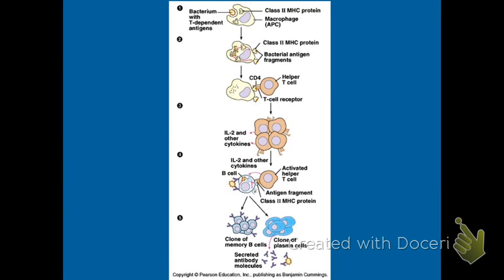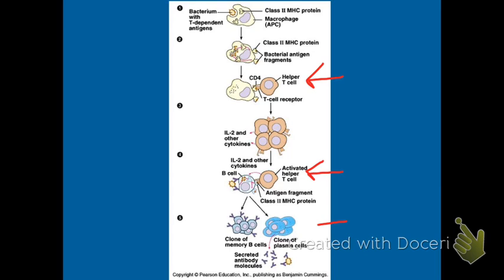This backs us all the way back up to the second line of defense, with the macrophage eating the bacterial cell, and then once again we're activating the helper T cells, which secrete interleukin-2. Finally, this activated helper T cell, and this can take some time, is going to find the B cell that has the correct receptor.